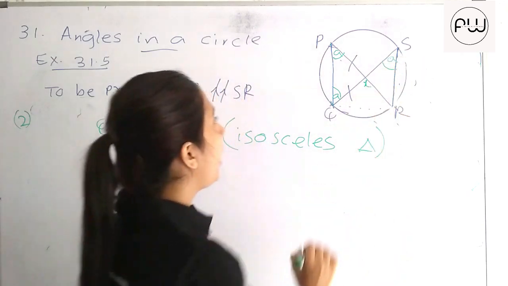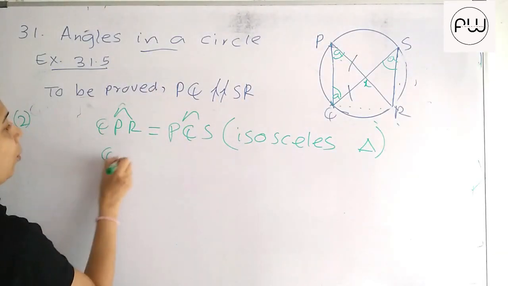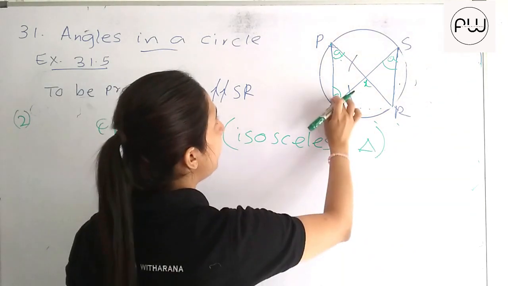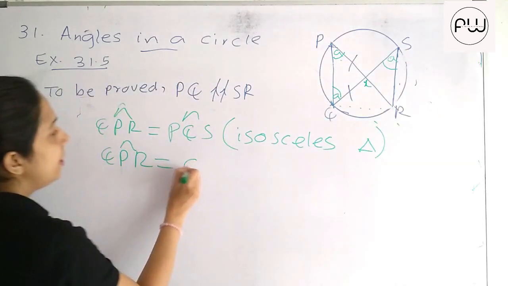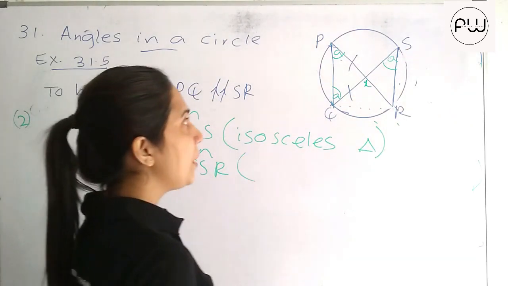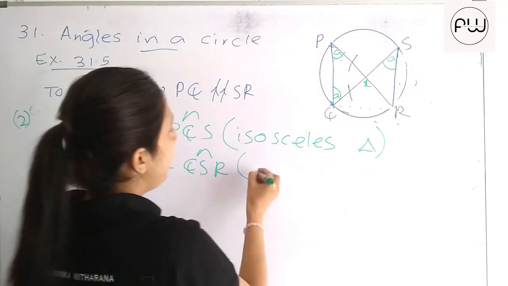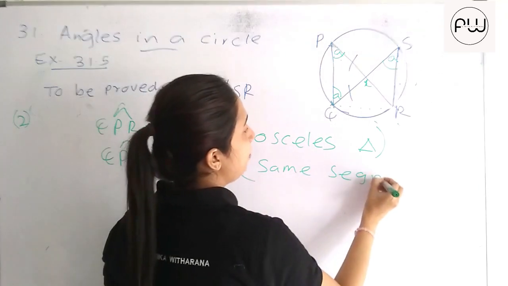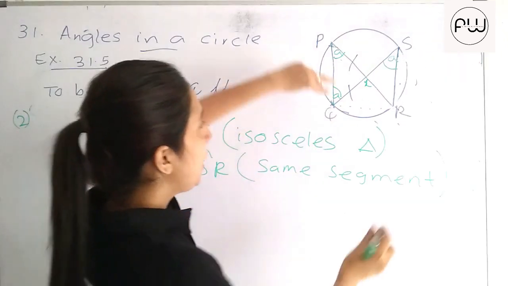Then we can write angle QPR equal to angle QSR. What is the reason? The reason is angles are in the same segment. Then we can write same segment. Now carefully look here.